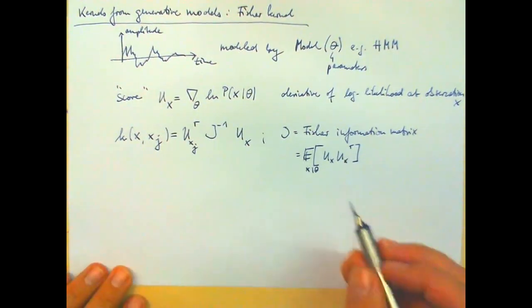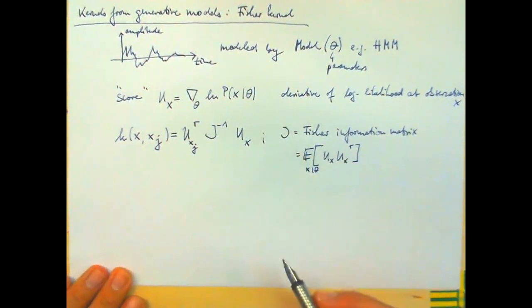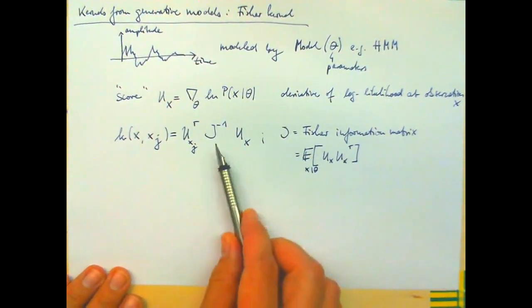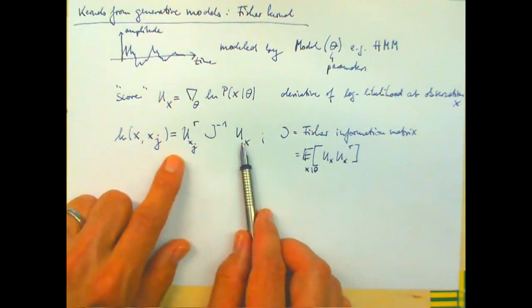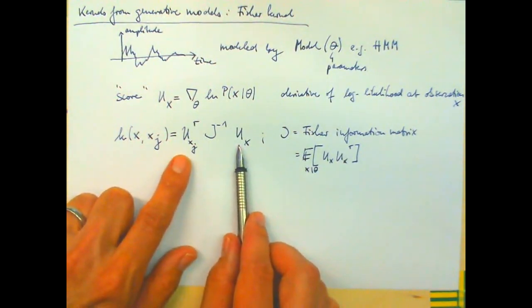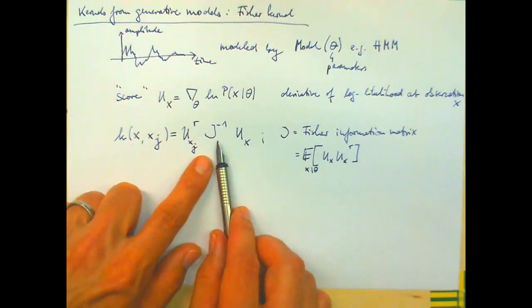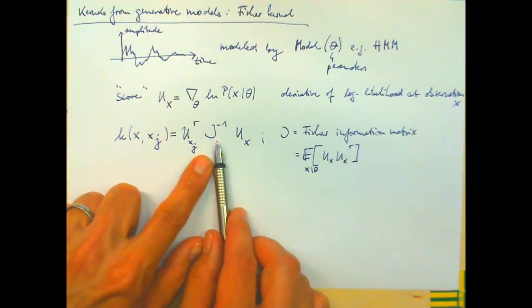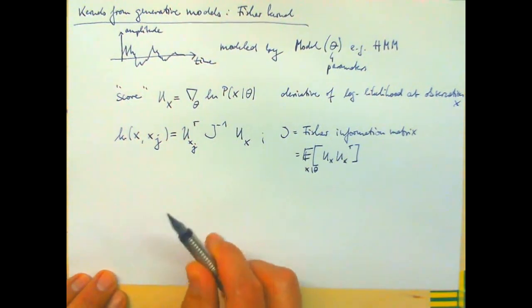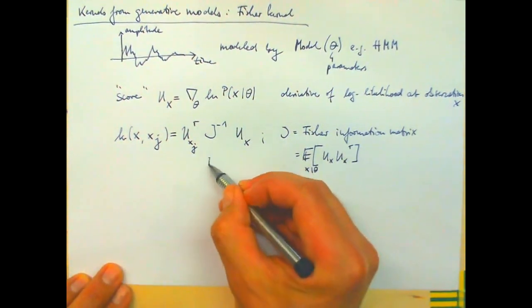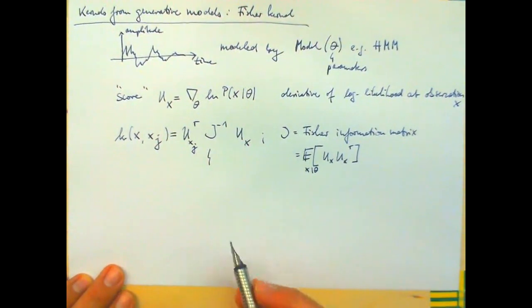And you see, if I omitted this part here, it would simply be an inner product between two scores. And taking the inverse Fisher information matrix here is a means of correcting for the magnitude of the gradient that we may have for different parameters.